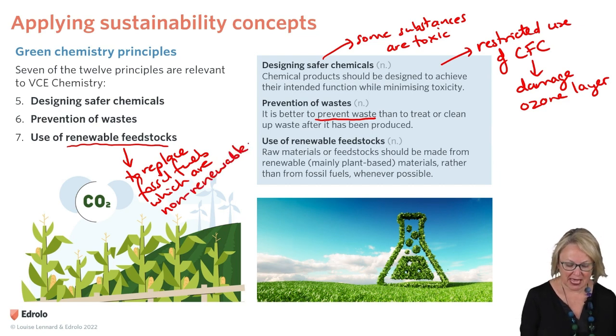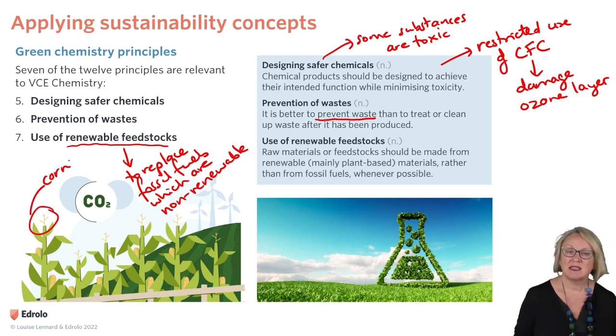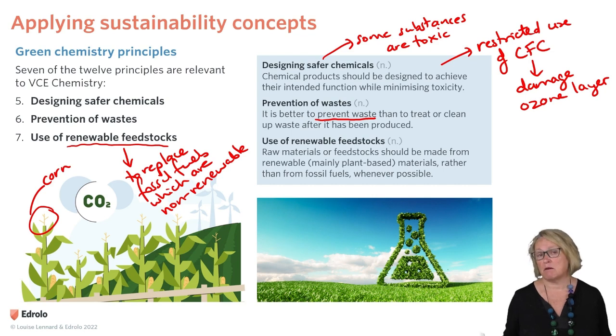So by growing plants such as corn, then the corn plant can be fermented to make ethanol as a fuel, which can help replace petrol for cars, for example. So that's another movement that we're heading towards with our society.